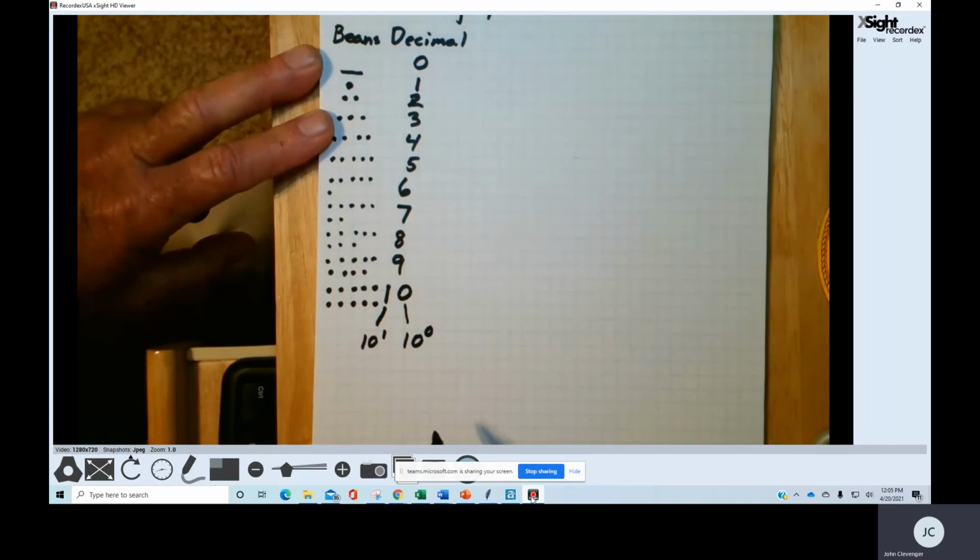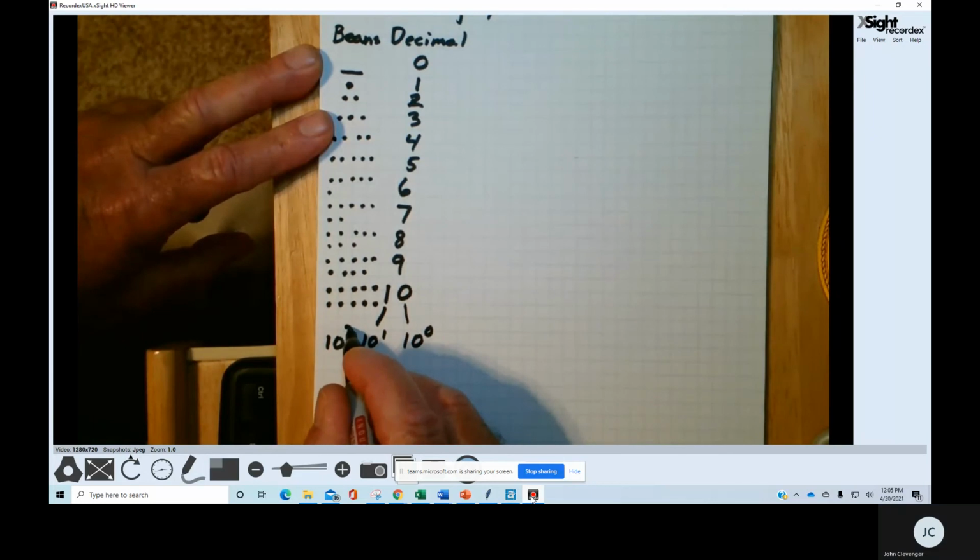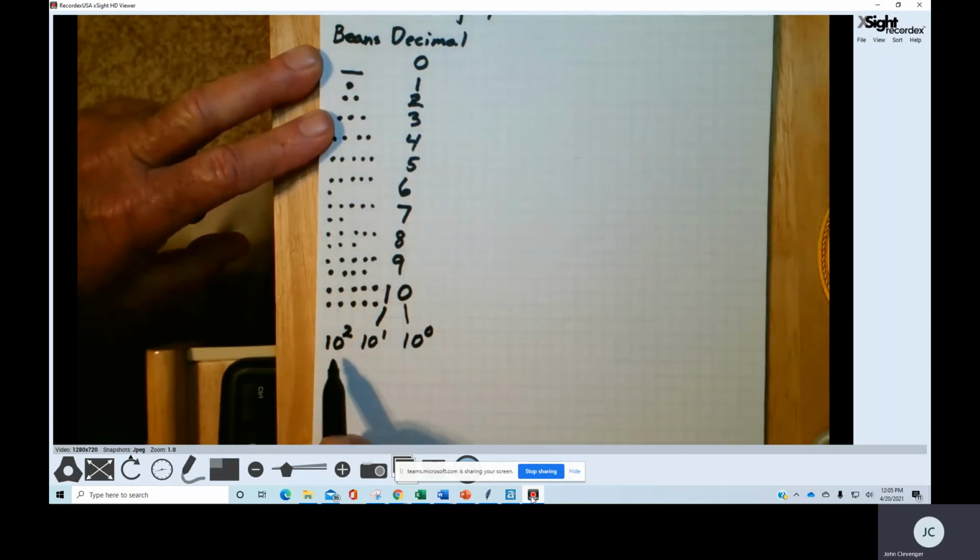And if we were to continue counting jelly beans, we would at some point need a third column, and every value in this column would be worth 10 to the second.